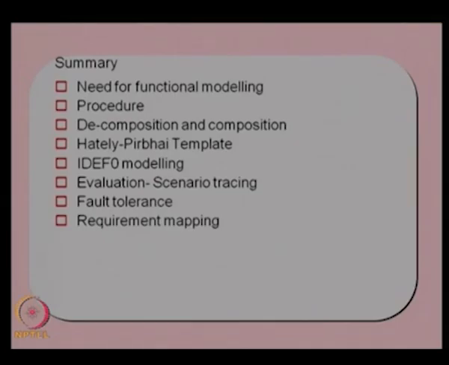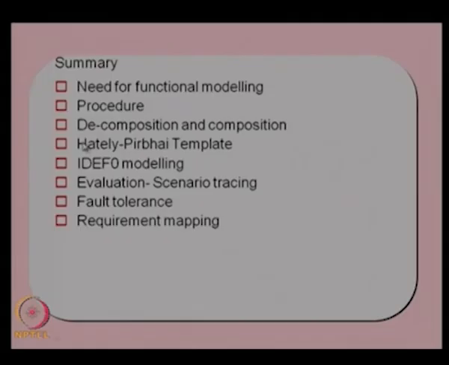Then we discussed the procedure for doing the decomposition, and we mentioned that there are many methods, like a top down approach or a bottom up approach. We discussed 2 methods: one is known as the Hartley-Pirbhai template, or HP template, and the other one is the IDEF0 modeling, and these 2 methods can be used for top down decomposition of the functions.